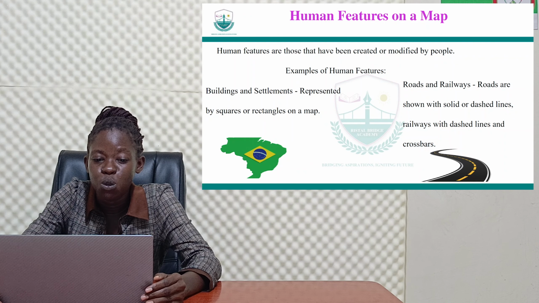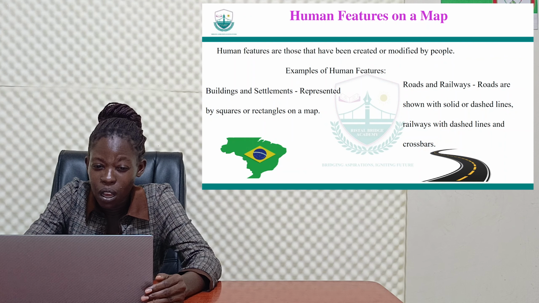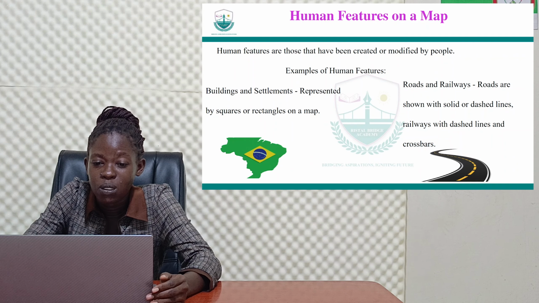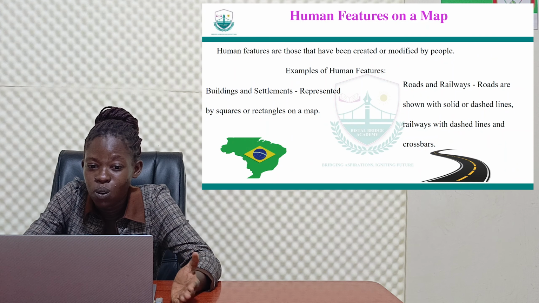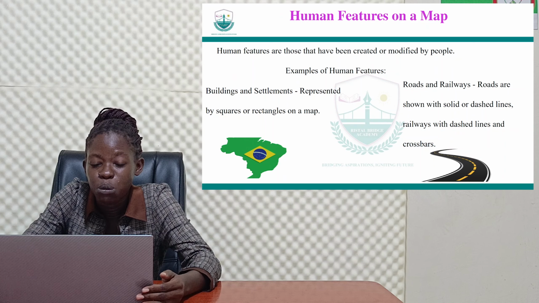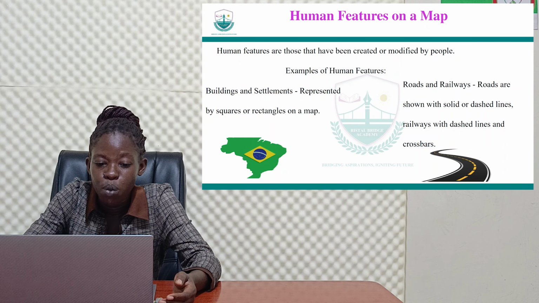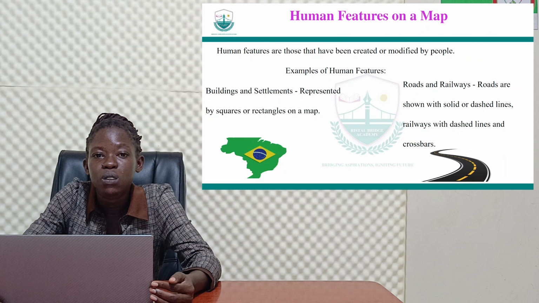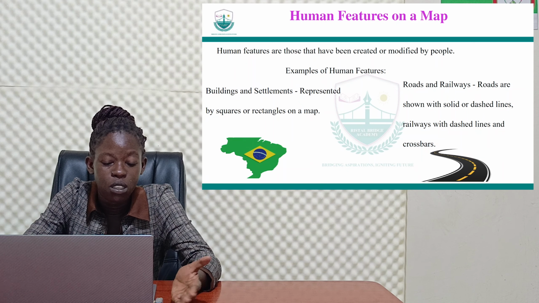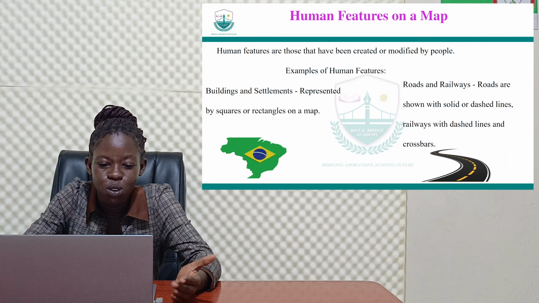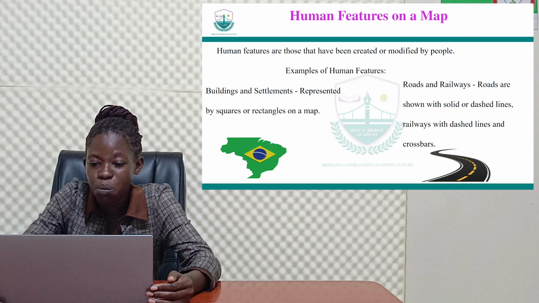As the name itself says, these are features that are formed or modified by human beings. Examples are buildings and settlements, which are represented by squares or triangles on a map.